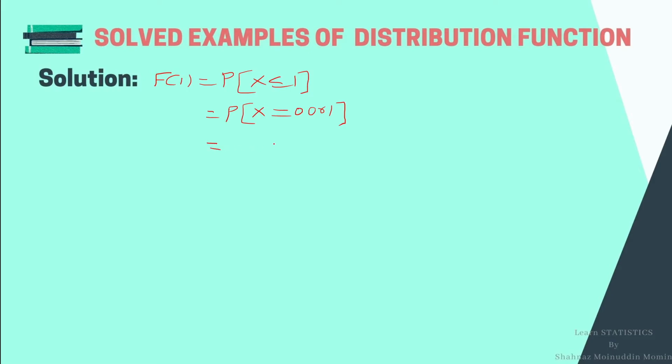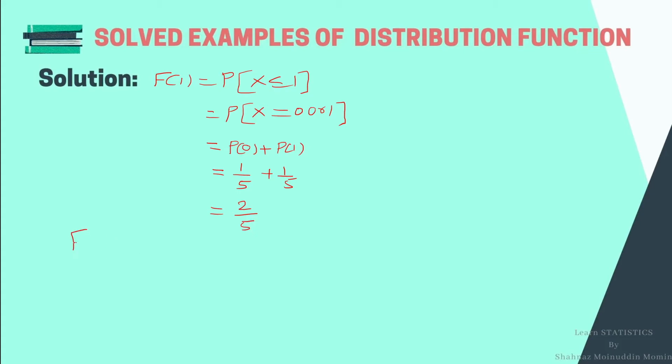Since there are two values which are less than or equal to 1, 0 and 1. So it is probability 0 plus probability 1, and it is nothing but 1 upon 5 plus 1 by 5, which is equal to 2 upon 5.